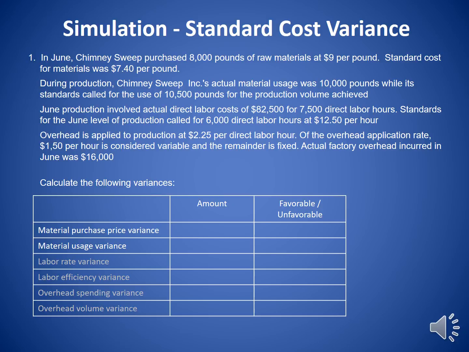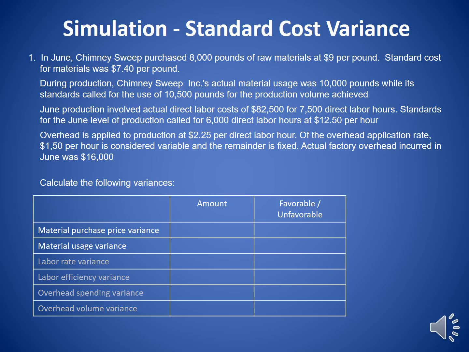June production involved actual direct labor cost of $82,500, so that's their actual payroll, and they paid 7,500 direct labor hours. Standards for the June level of production called for 6,000 direct labor hours to be paid at $12.50 an hour.